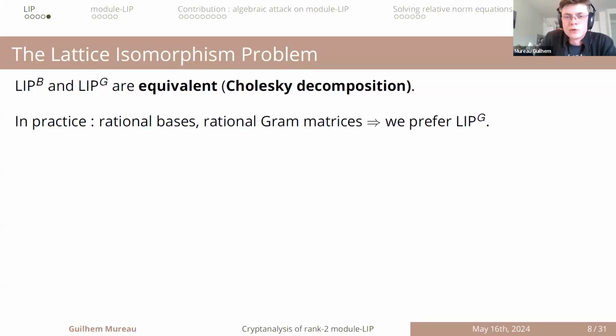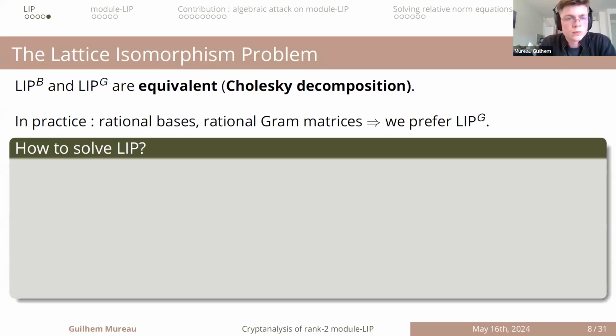So we want to avoid manipulating the orthogonal map, which doesn't often have rational coefficients. So we prefer the quadratic form, which somehow forgets about the rotation.